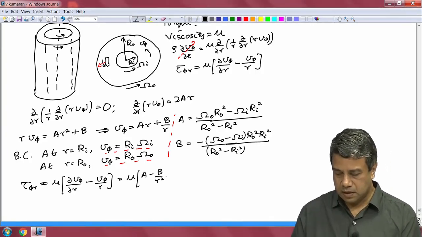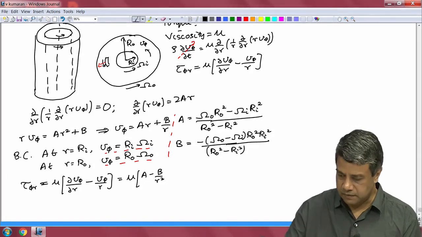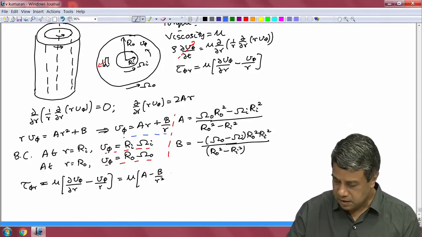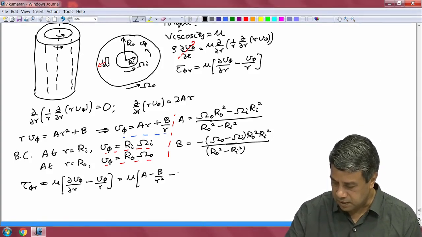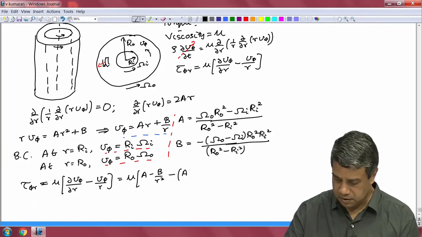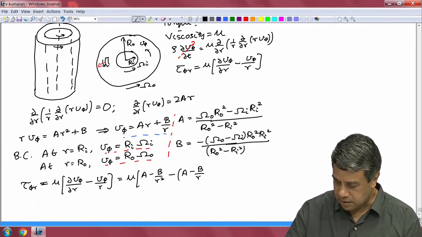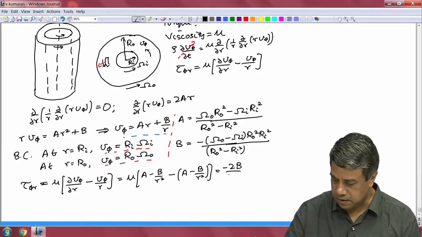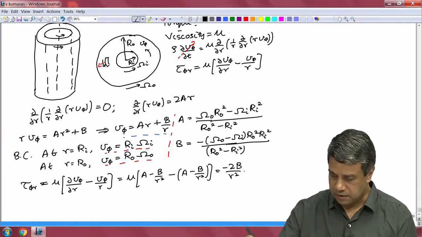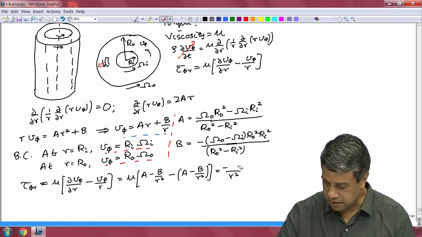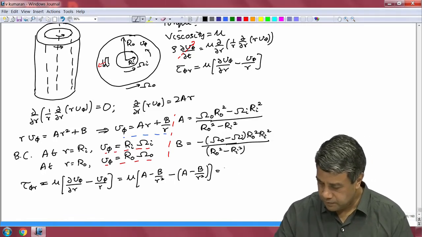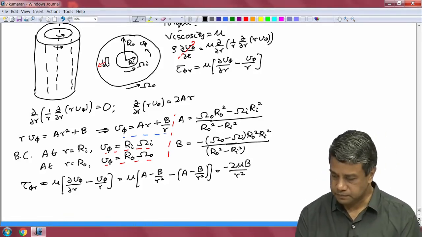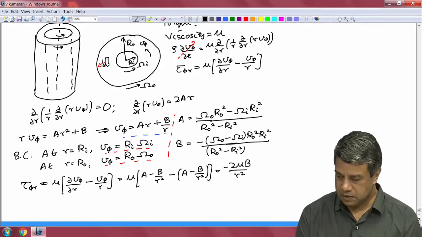Partial V_phi by partial r is A minus B by r square, and then I have minus V_phi by r, which is minus A, minus B by r square. So, this is just equal to minus 2B by r square, and I have a factor of mu there, so I have missed that. So, this is the stress.